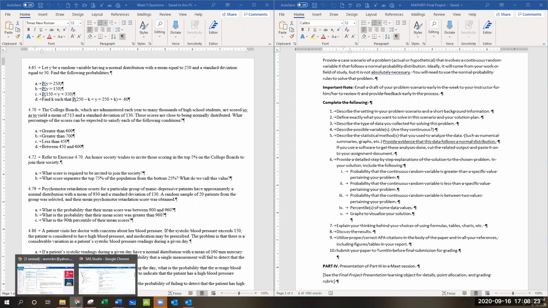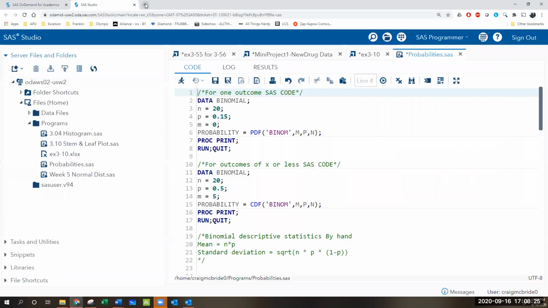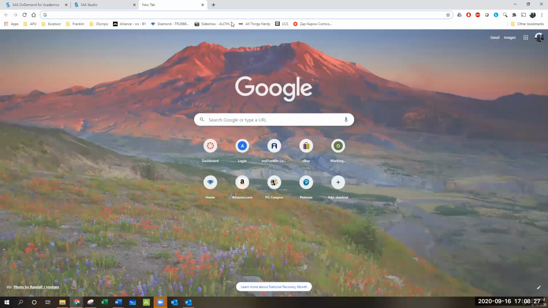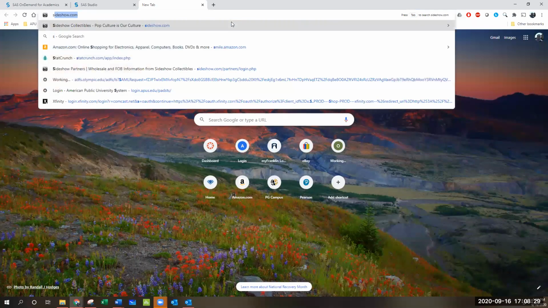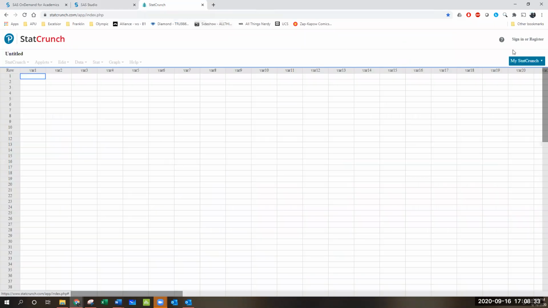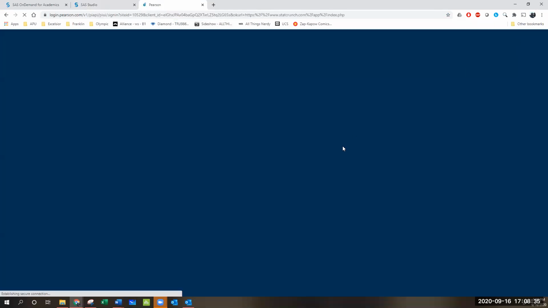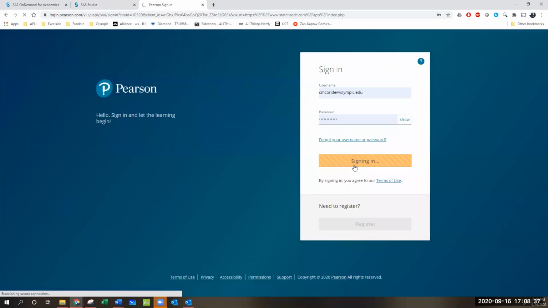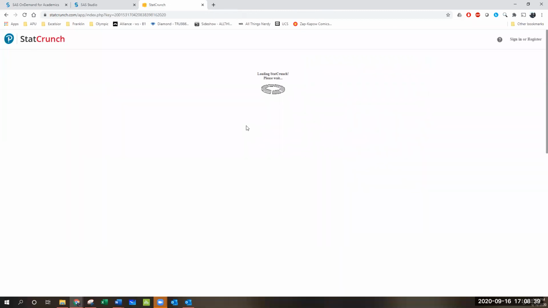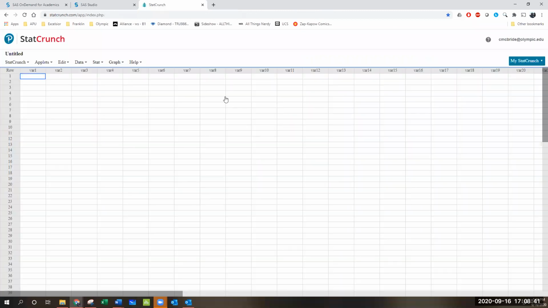So for instance, the one that I use is StatCrunch, only because it's simple and easy and I have an account with StatCrunch. You have to pay for StatCrunch, but I get it free because I've been using it forever. So you guys can check out StatCrunch. They might have a trial where you can do it free for a week or something.